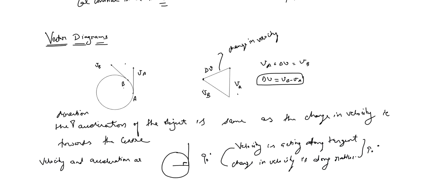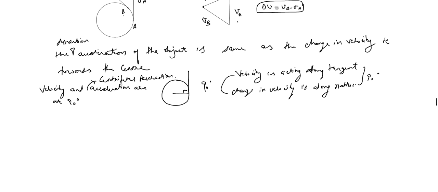Which acceleration are we talking about here? Here we are talking about centripetal acceleration, right? So the centripetal acceleration will act at right angle to the velocity and it will be directed towards the center. And as per Newton's second law of motion, F is equal to ma, right?